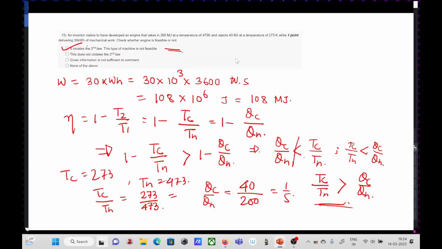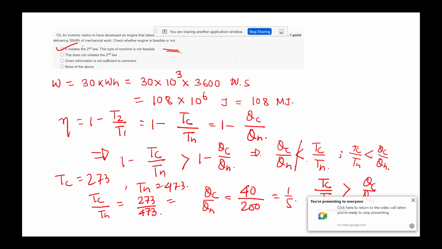Let me just repeat it once again. So the logic is efficiency is 1 minus T2 by T1. We can write it like this for a Carnot engine, ideal engine, but it is actually 1 minus QC by QH, meaning heat thrown to the cold reservoir divided by heat extracted from the hot reservoir.